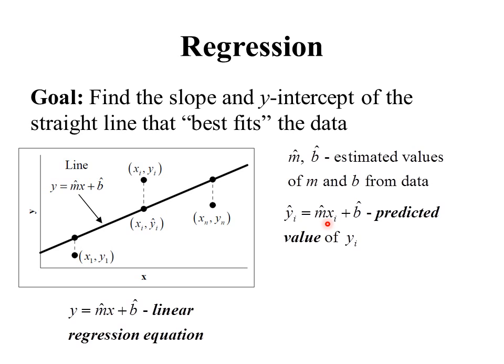So we plug in xi, multiply it by m hat, add b hat, and the resulting value we're going to call yi hat. This number yi hat is called the predicted value of yi. So it's the predicted value of this y-coordinate using our linear regression equation. Notice that whenever we estimate or predict something, we always put a hat on it. So whenever you see a hat, think predicted or estimated values.